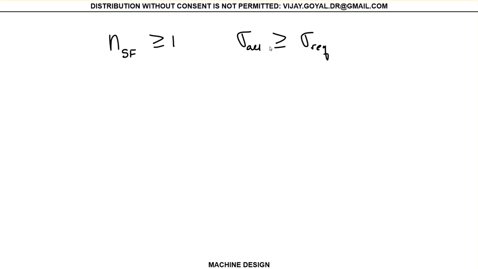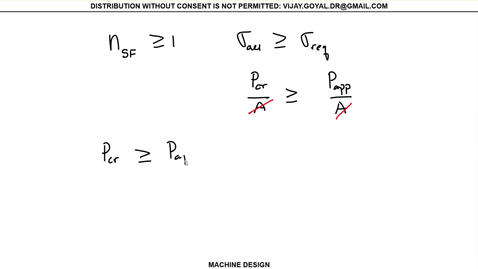If I replace my values here, this is the same as P critical divided by area has to be bigger or equal than P applied divided by area. And you can see that on both sides, area cancels out because it's the same area. So P critical has to be bigger or equal than P applied.